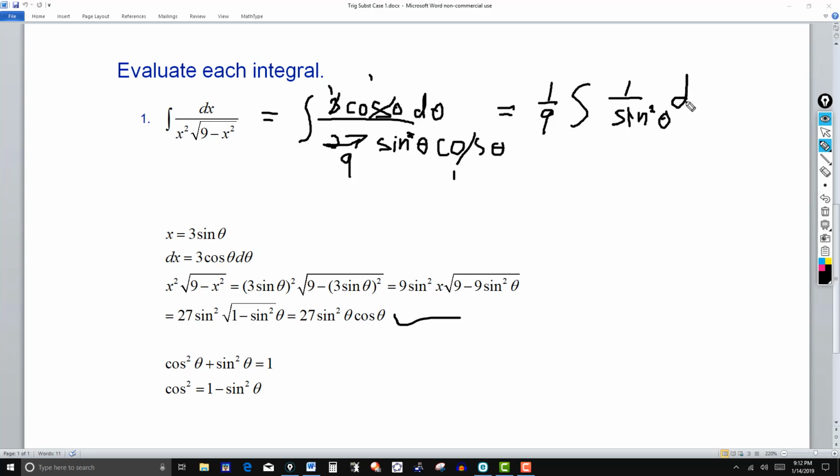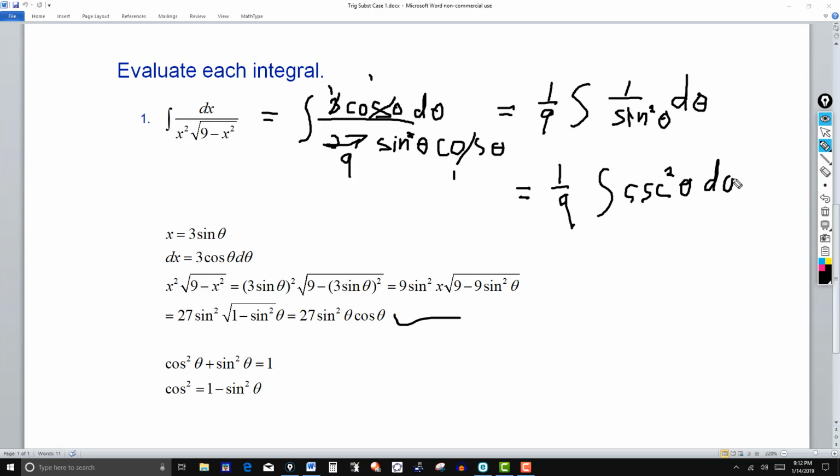Then we can rewrite this using your trig identities again. 1 over sine squared theta is the same thing as cosecant squared theta d theta. Now I want the integral of cosecant squared theta.